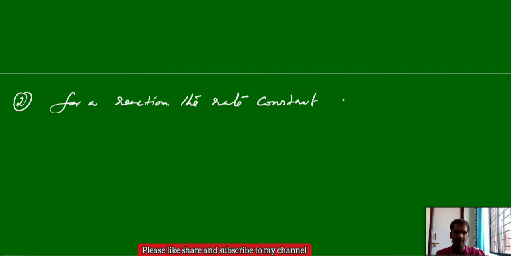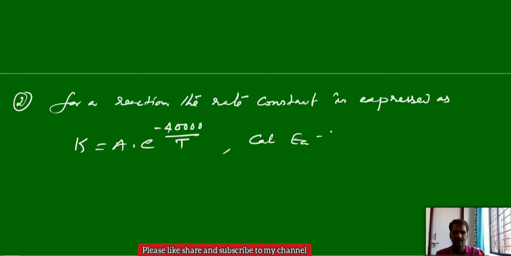You see one more question here, question number 2. For a reaction the rate constant is expressed as K is equal to A into e power minus 40,000 by T. Then calculate EA, activation energy.